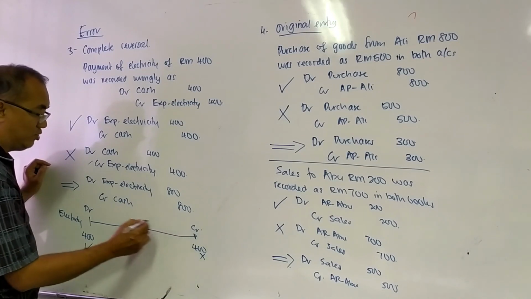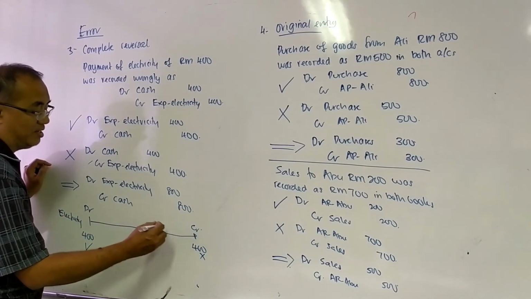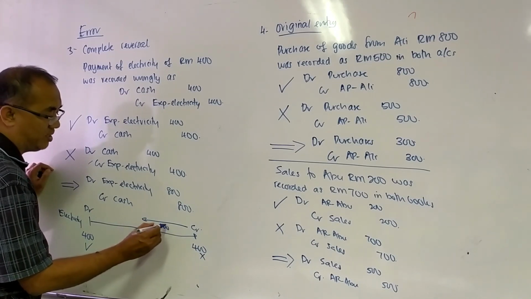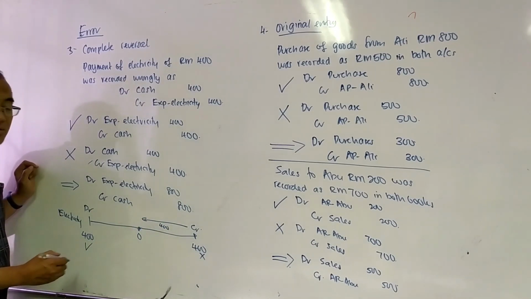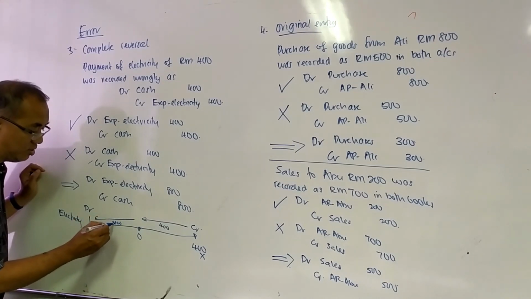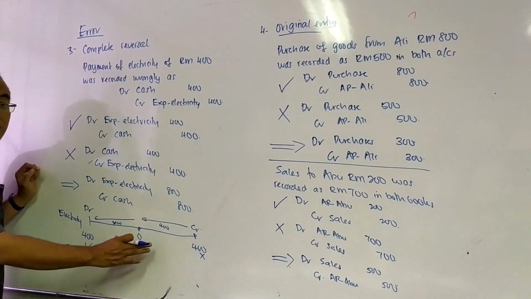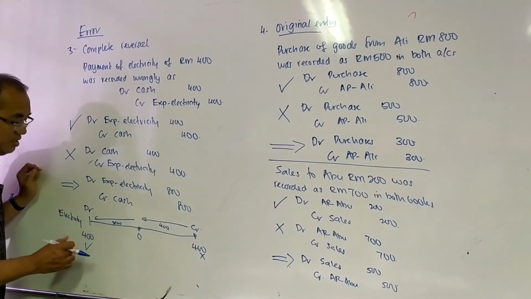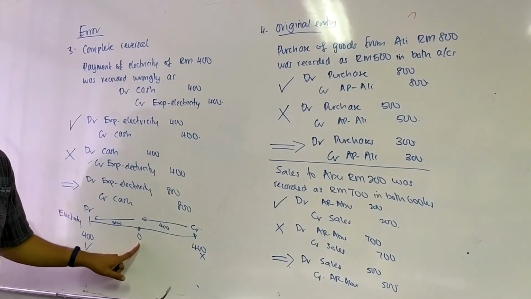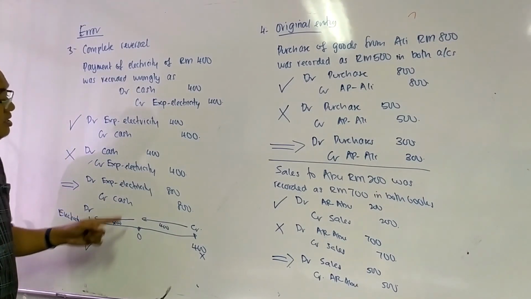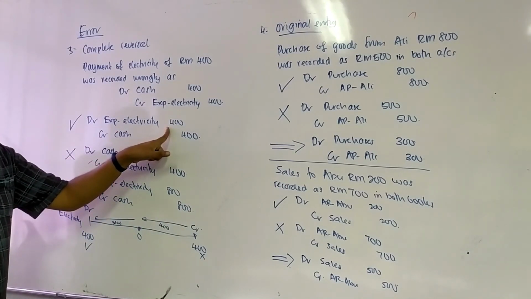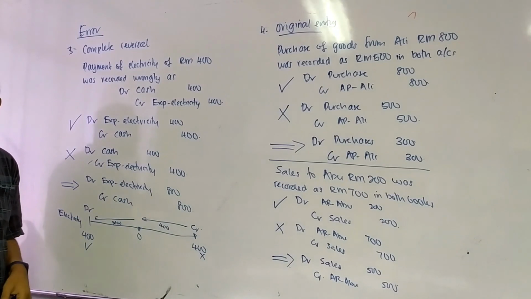So you jump 400 over here just to make it zero, and then you jump again another 400. How many times have you jumped? Two times, 400 and 400. That's why it is 800. The first 400 is just to zeroize. The other 400 is to bring it to the real figure.